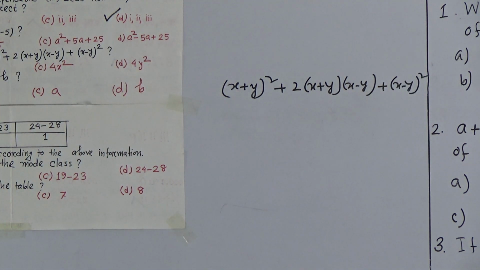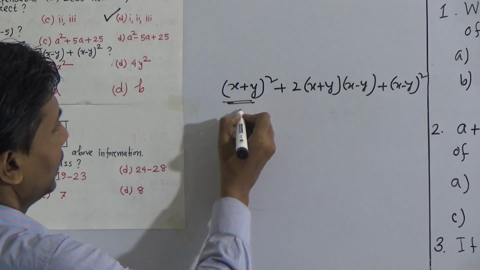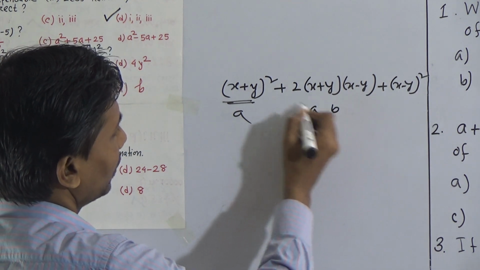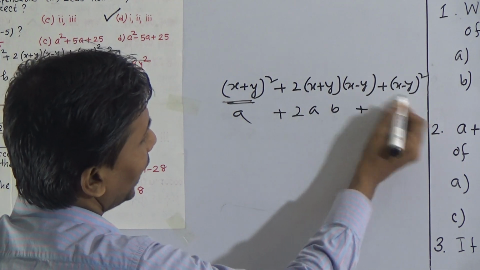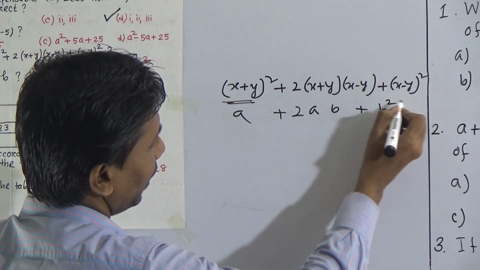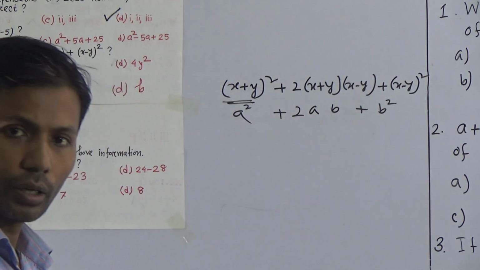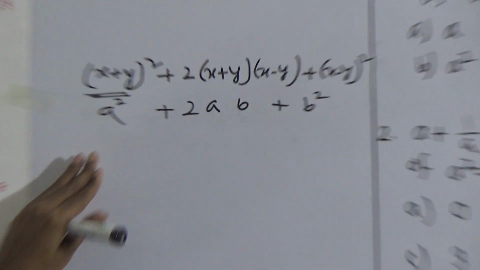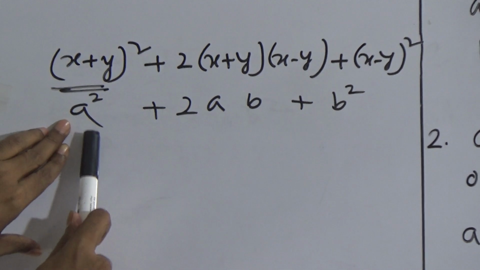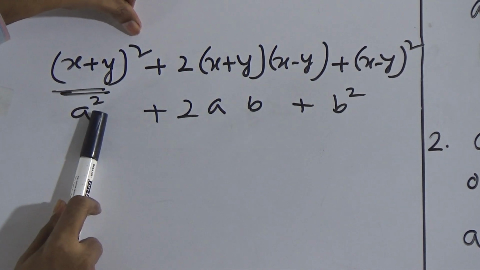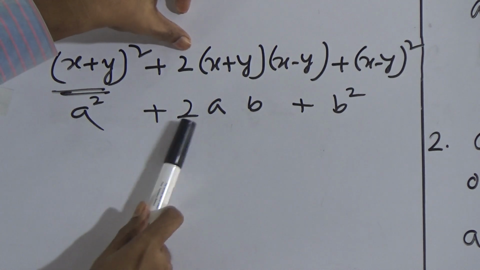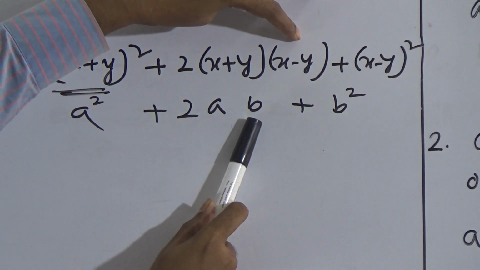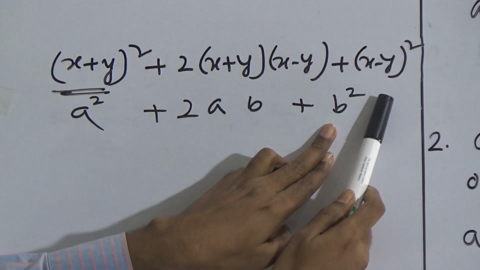Okay, this is given. Look, you consider x plus y as A, and x minus y as B. So x plus y whole square is A square, plus 2 times A times B, where A is x plus y and B is x minus y, plus x minus y whole square, which is B square.